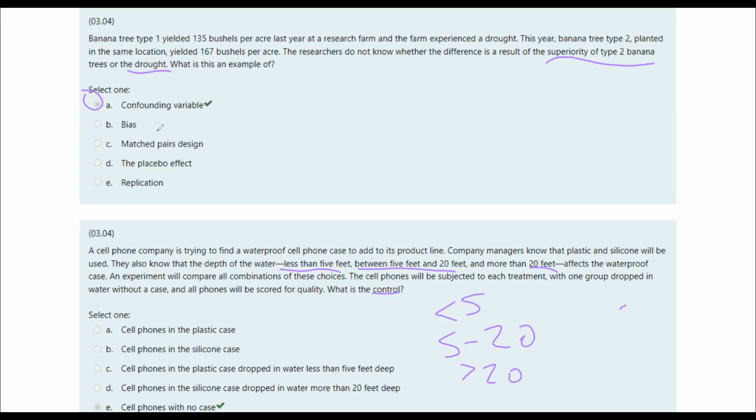So they're trying to see, I guess, which one is better, silicone or plastic. But no case would be the control group, because it's the thing in its natural position that would be compared with the other ones. You have to have something to compare it to. All right.